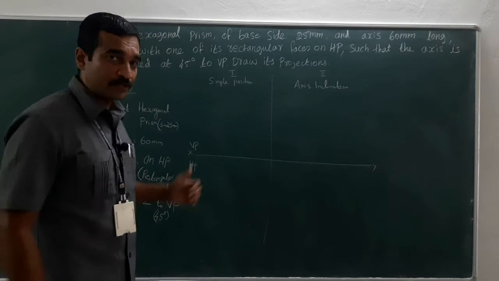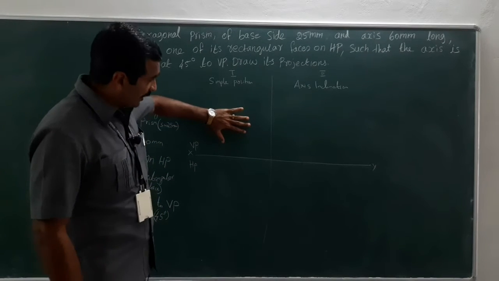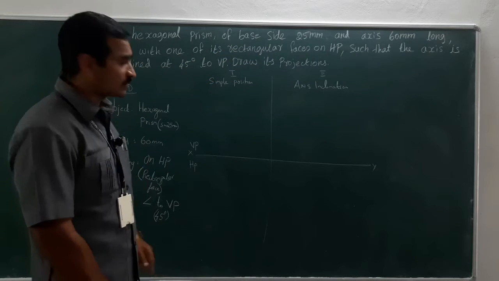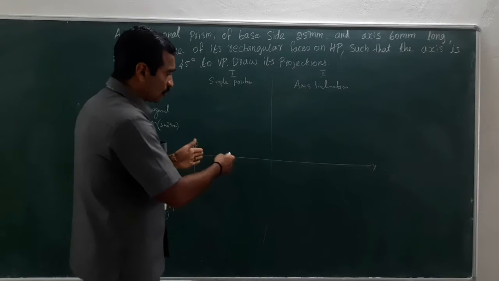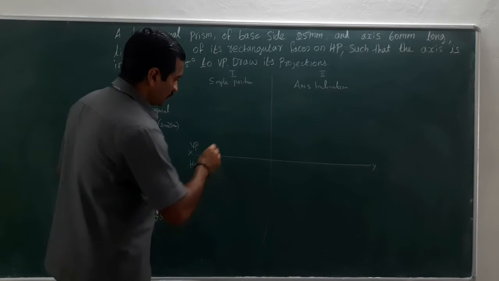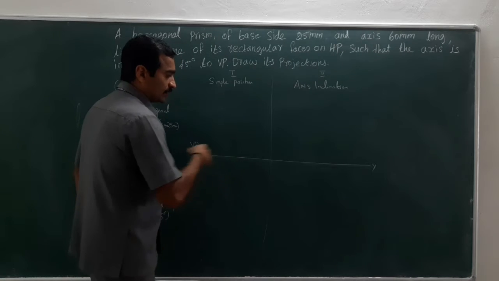Where to start the diagram? It should be started in VP. Since it is resting with one of the rectangular faces, it should lie on the XY line. So you have to start the diagram on the XY line.